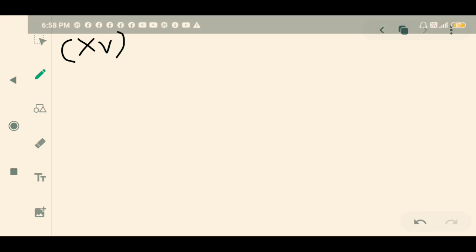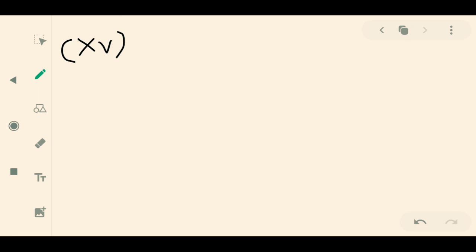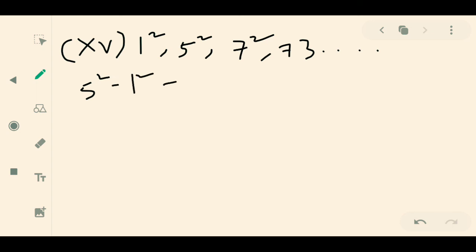Next one, number 15: 1 square, 5 square, 7 square, and the last one is 73, I think. So 5 square minus 1 square, that is 25 minus 1, that is 24.